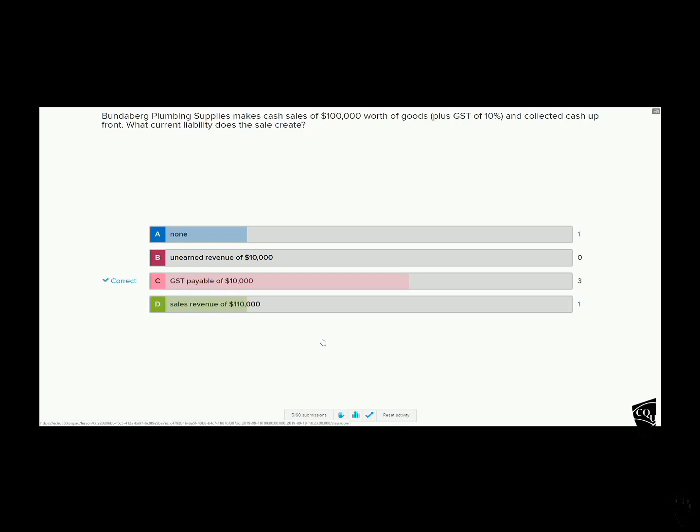It has a GST component of 10% of $100,000, which is $10,000. So what current liability does the sale create? Well, it's the statutory liability called GST, and it's for the amount of $10,000, which is 10% of the $100,000 cash sale. I think we probably got that by now.